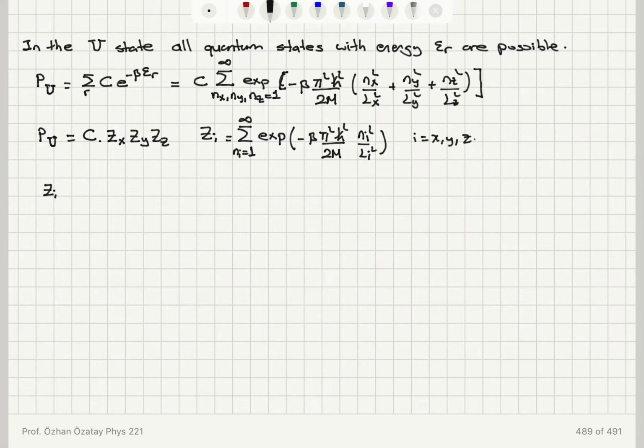So this partition function can be approximated as an integral from 0 to infinity for many quantum numbers, starting from 1 or 0, doesn't matter, in the integral, exponential minus beta pi squared h bar squared divided by 2 capital M, ni squared over li squared, dni.